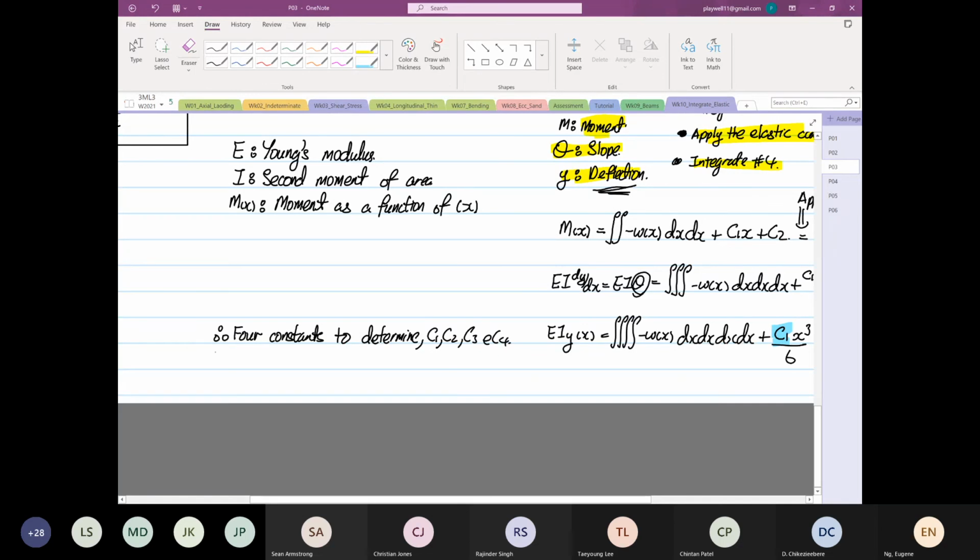So therefore, 4 boundary conditions are required. We need 4 boundary conditions to solve for them.